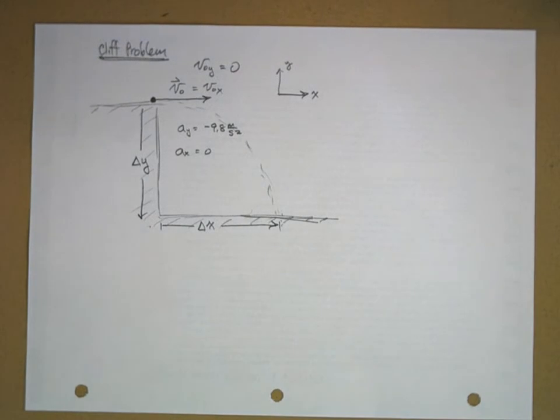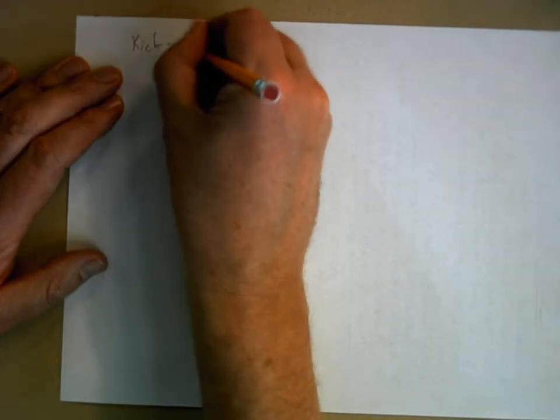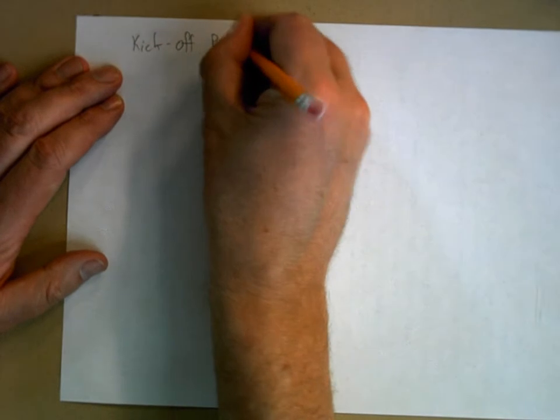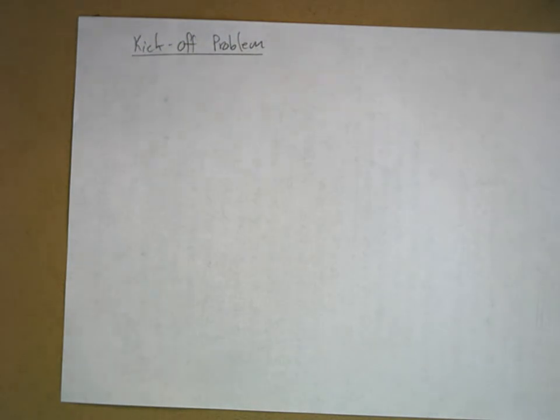The other major type of problem that you'll get with projectile motion is what I call the kickoff problem, like in football. Of course, it doesn't have to be a football. It could be an archer shooting an arrow, or somebody throwing a baseball or anything like that.